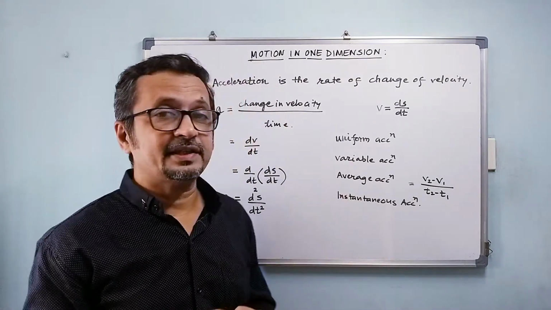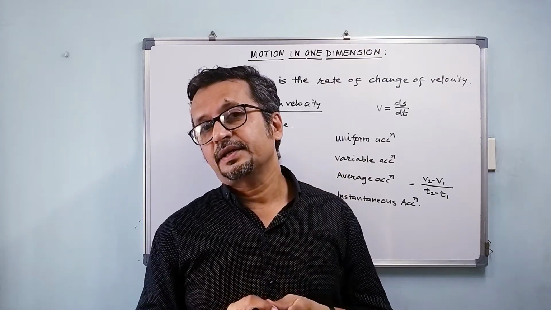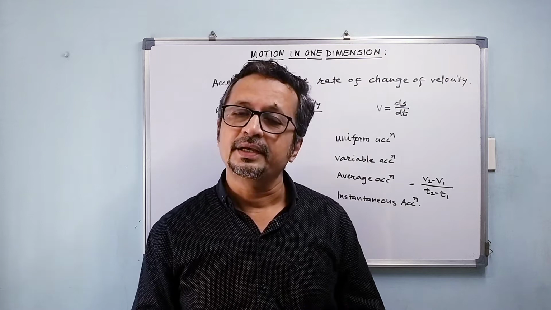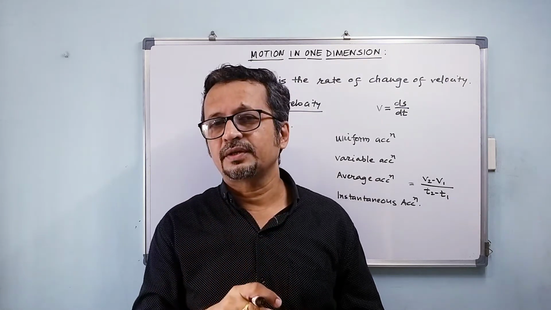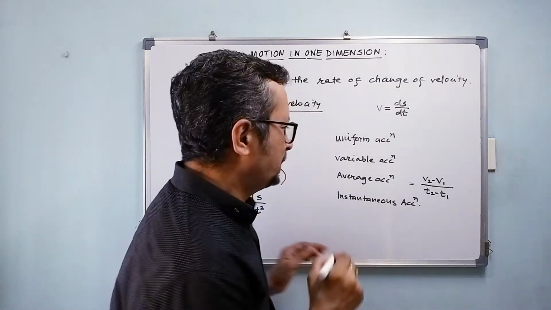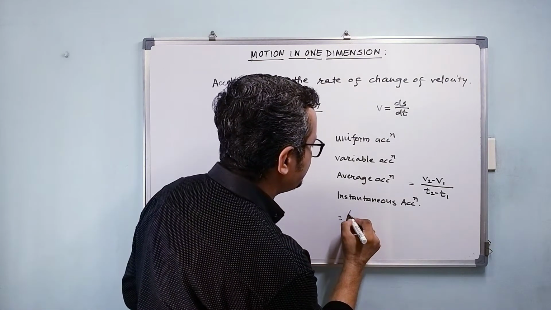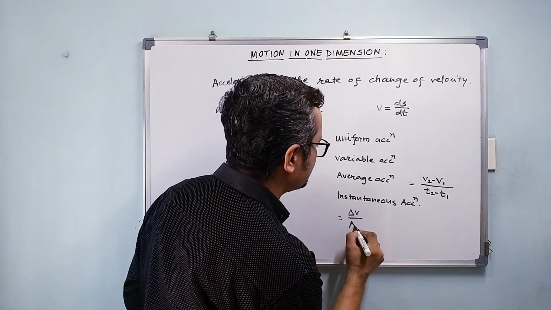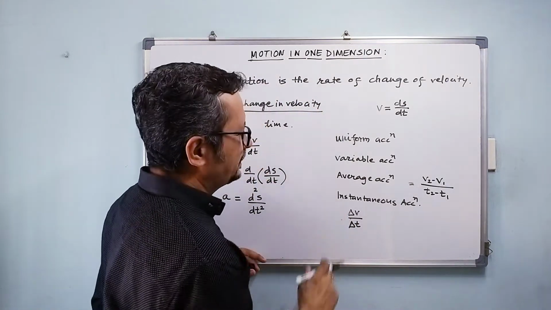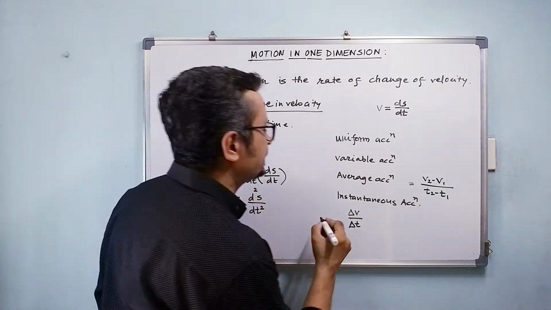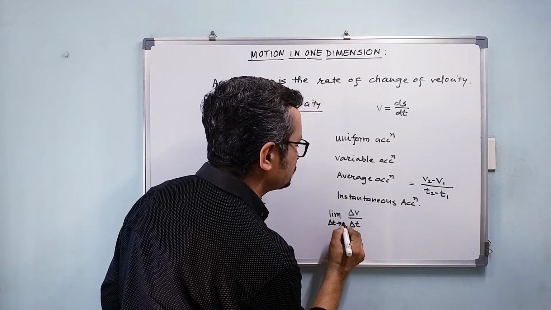Now for instantaneous acceleration, like we discussed for speed and velocity, my instantaneous acceleration would be the acceleration at that particular instant. And for that, we will define this as delta v upon delta t, and then I'll take its limit as delta t tends to 0.